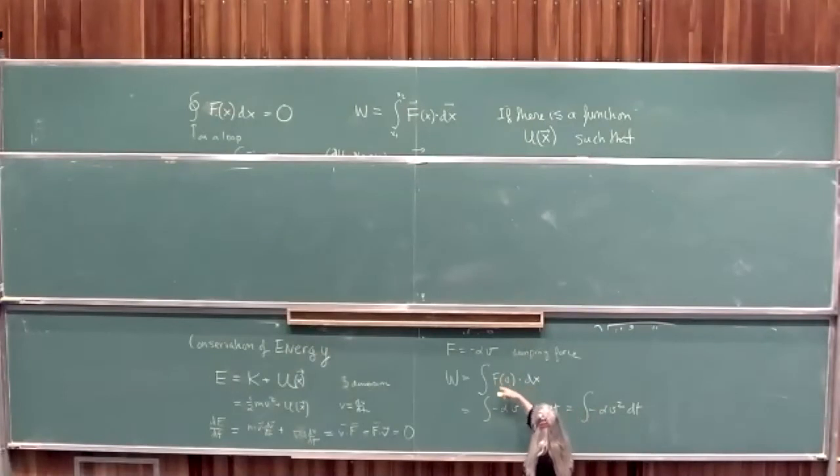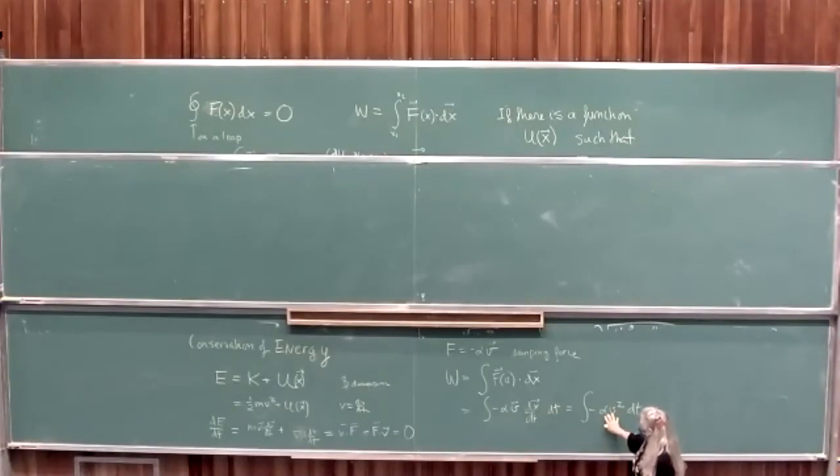And I can have this also be all vectors if you want. Work is a scalar, but there's nothing in any of these equations that didn't let me turn it into a vector equation.